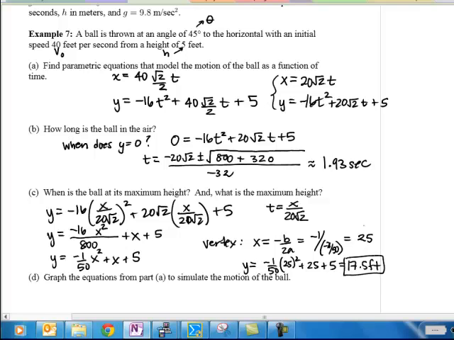And the x coordinate is 25, but the question was when. So we want to know what's t. So if x is 25, t would be 25 over 20 square root of 2. So let's get that approximately.